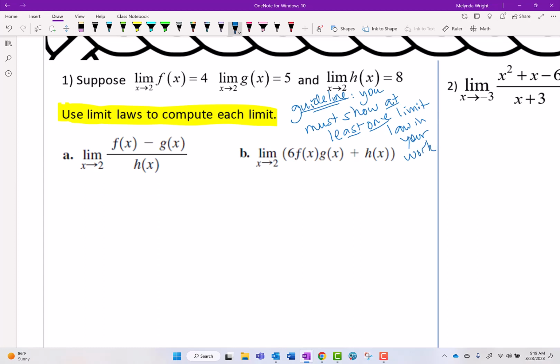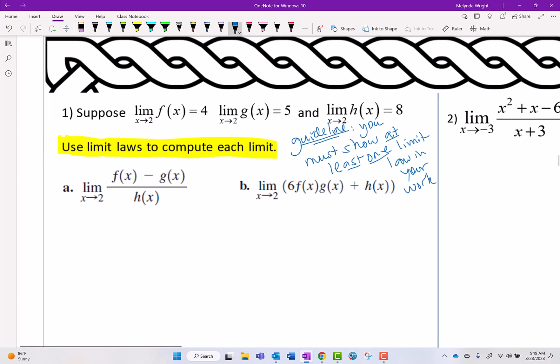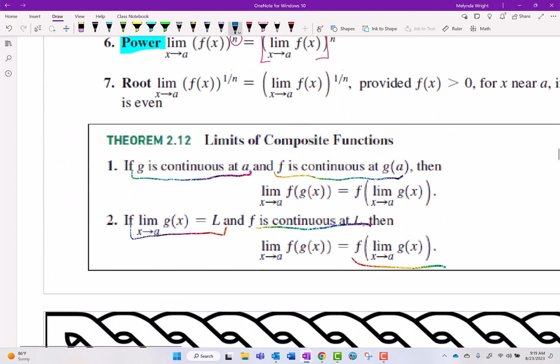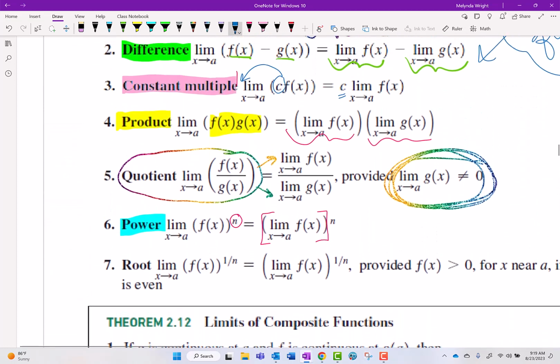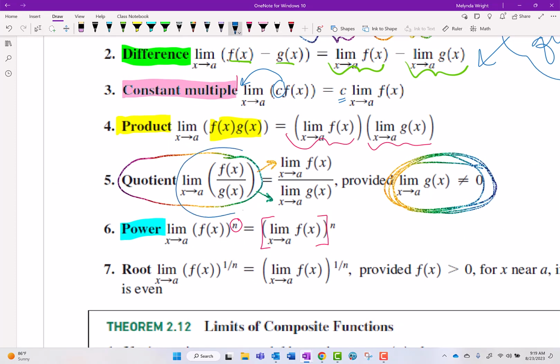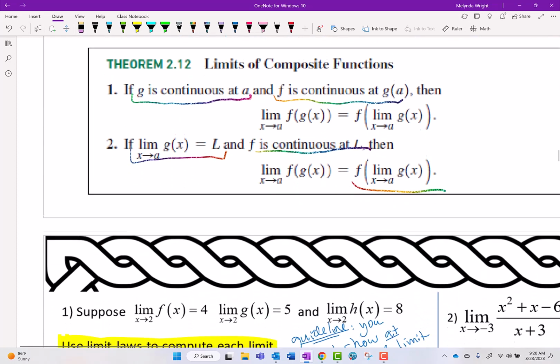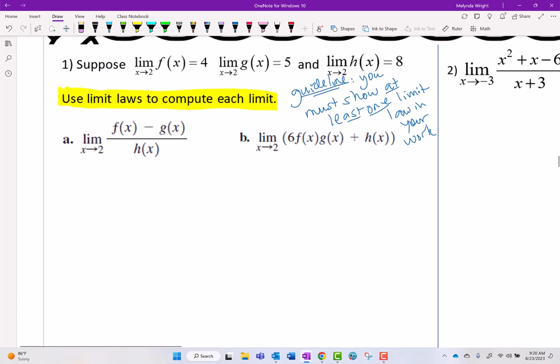Okay, that's the requirement. We just went over all the limit laws. Eventually, not this time, but on the next formula quiz, those are going to be on there. I would write this right here, and you would write this, right? You'd write the limit law. But not for this next formula quiz. All right, so we've got to show at least one.